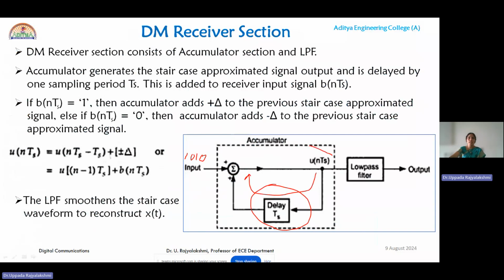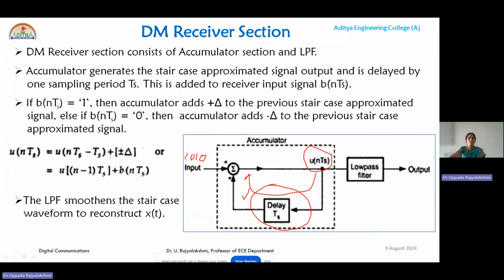So our intention is to get the staircase response. This can be attained by adding either plus or minus delta to u((n-1)Ts), which can be obtained from the delay element. We will take plus delta when the data bit is 1, and minus delta when the upcoming data bit is 0.